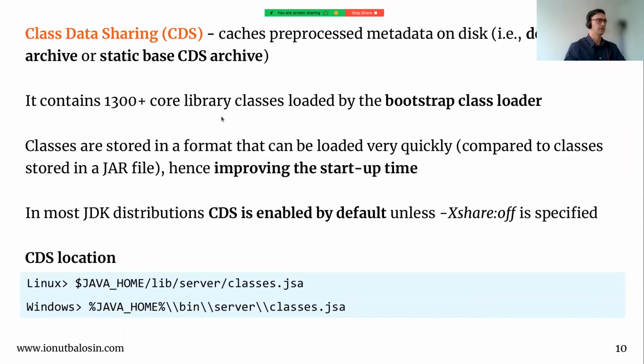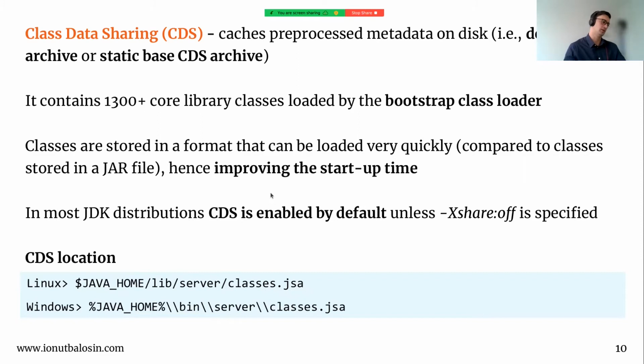Since JDK 12, this archive is created at the moment that you install the JDK. And here are the locations you can also inspect on your box. For example, if you have a Linux or a Windows machine, they are slightly different. But nevertheless, the CDS archive itself is inside this file, classes.jsa.